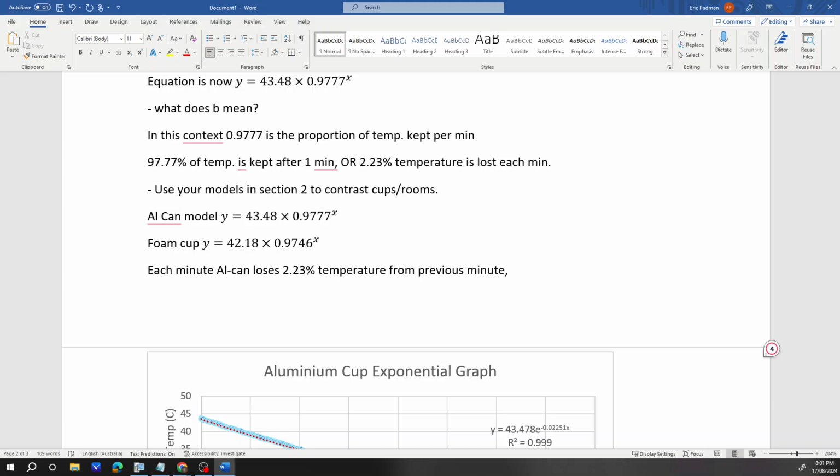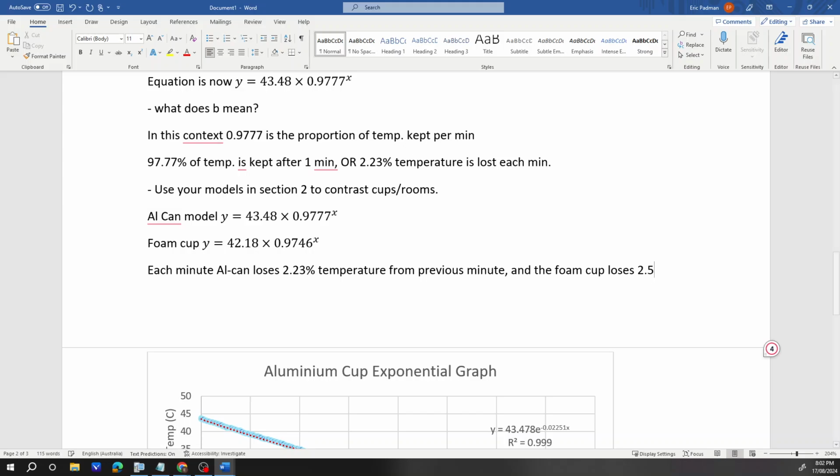And the foam cup loses, if I rearrange that, if you take this value here, times it by 100, put it as a percentage, and subtract it from 100 to work out how much heat is lost, you'll end up with 2.54%.